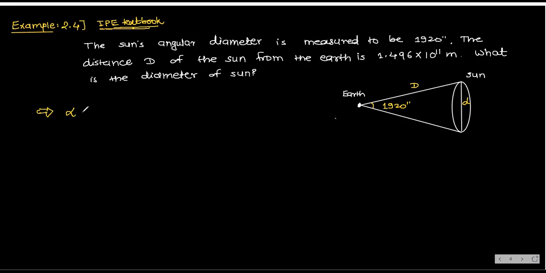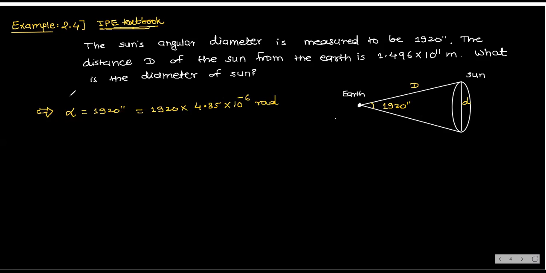Now how to solve this, very simple. First of all, this alpha is given as 1920 seconds, so we have to convert it into radian. There is one factor to convert into radian: 1920 into 4.85 into 10 to the power minus 6 radian. This is the alpha we got.